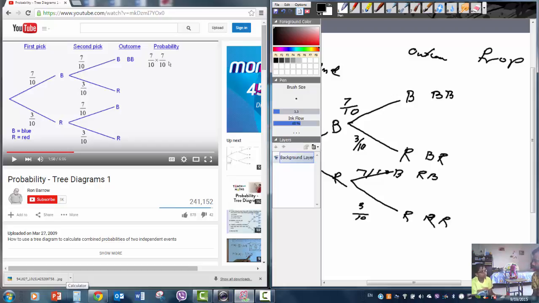But no, to calculate the probability of a blue first pick and second pick together, replacing it back, is multiplication. Why not an addition? Then we have to think, how does multiplication work? Go to the basic question, remember?